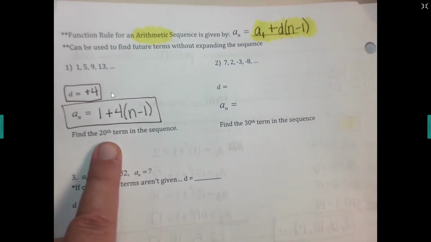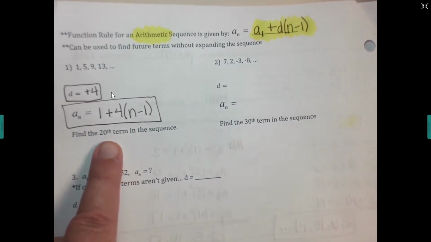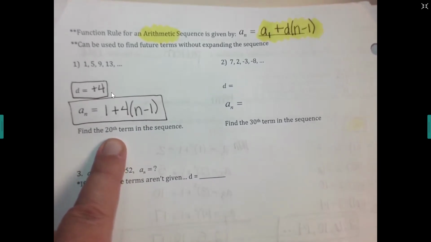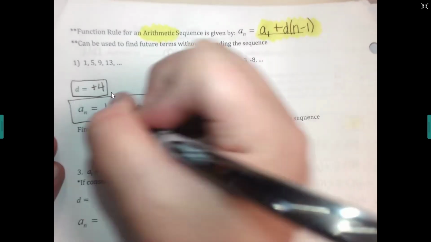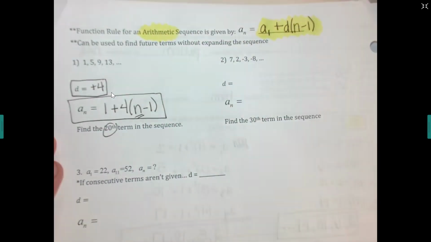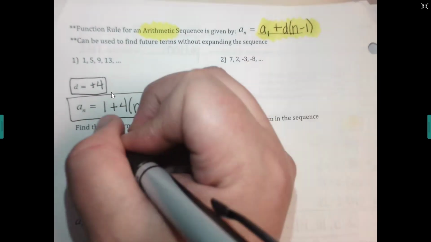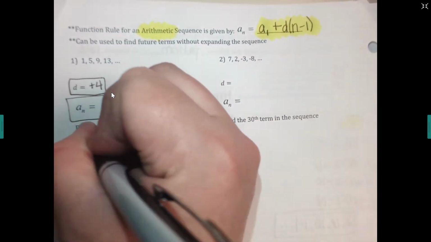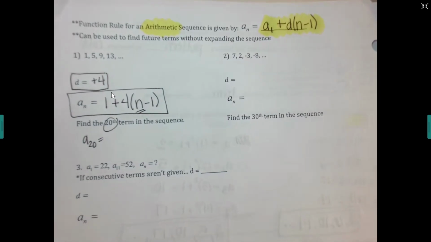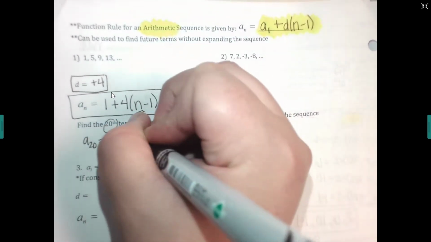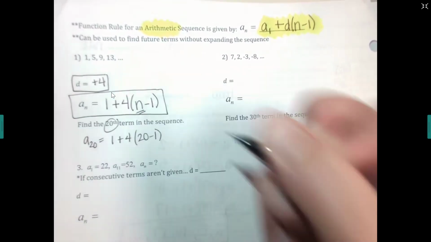So if I want to skip ahead to, let's say, the 20th term in the sequence, but I don't want to have to write the list out all the way to 20, then what I can do is just pop that 20 into this spot, and I can shortcut to that answer. So for the 20th term, put a sub 20, and it would be 1 plus 4 times 20 minus 1.